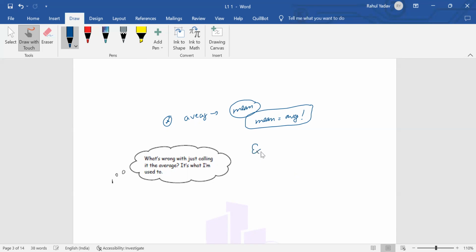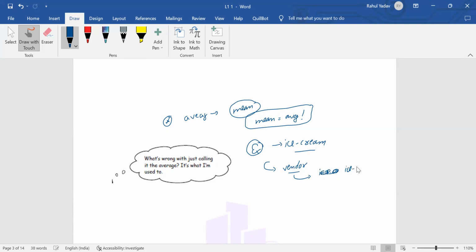So let's take an example. Assume that I have some craving for ice cream. So I go to some ice cream vendor and ask him, can you please give me some ice cream?